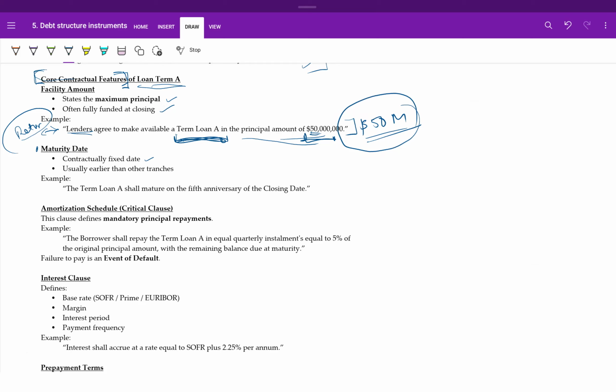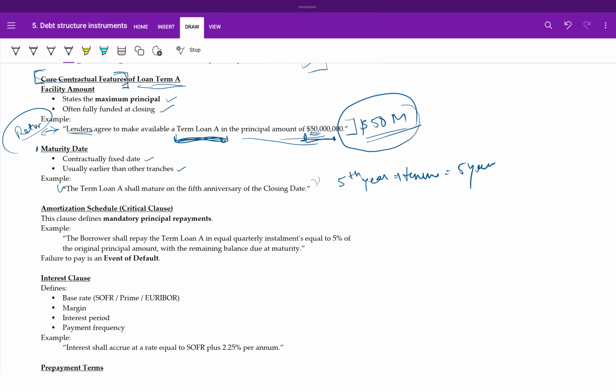An example here is that the term loan A shall mature on the fifth anniversary of the closing date. So this means the fifth year, after 5 years. So the tenure of the loan term A is 5 years.